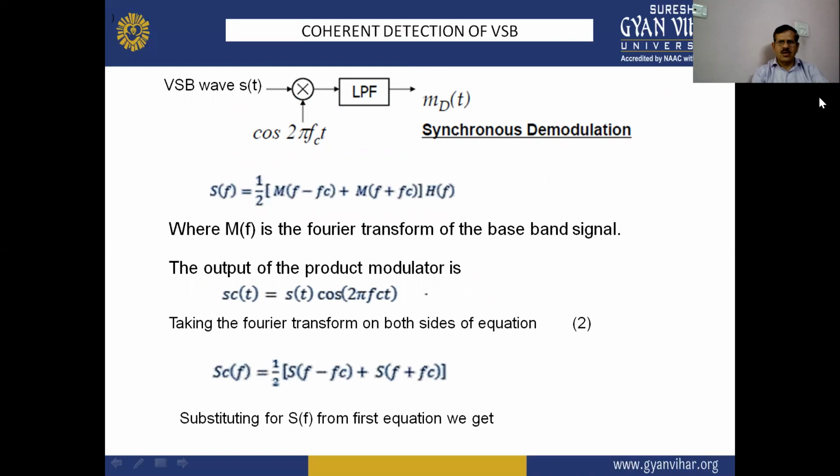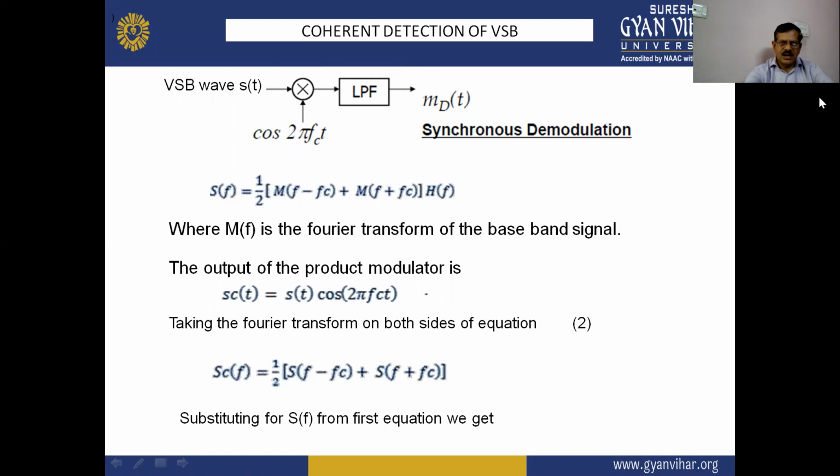Next, coherent detection of the VSB signal. In this synchronous demodulation, there is the VSB wave s(t) and also another wave cos 2 pi f_c t, and these waves are multiplied in the product network.